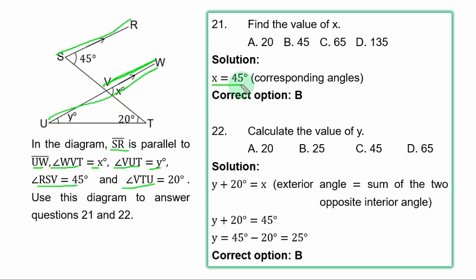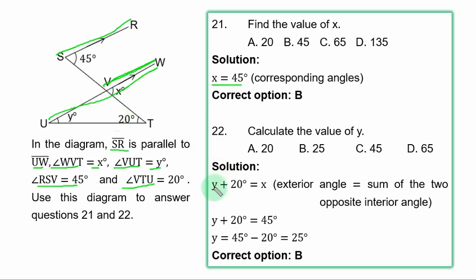Number 22, calculate the value of Y. If you look at triangle VUT, angle S is exterior to Y and 20, and you have it that exterior angle is equal to sum of the two opposite interior angles.